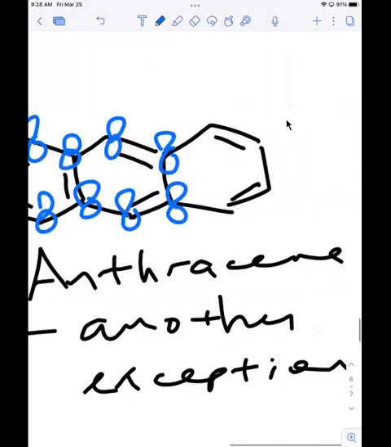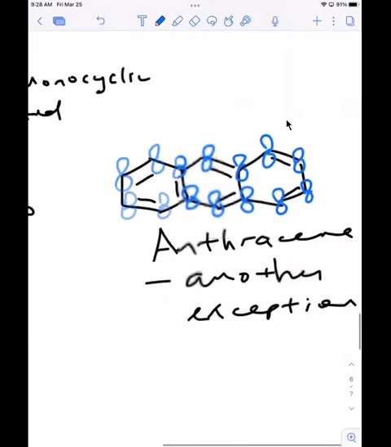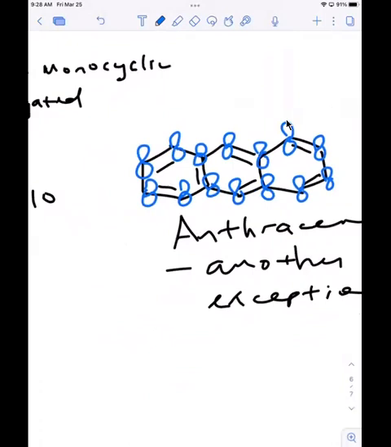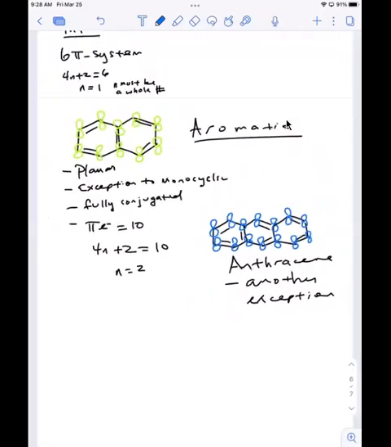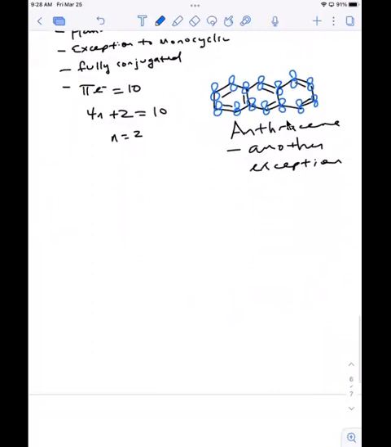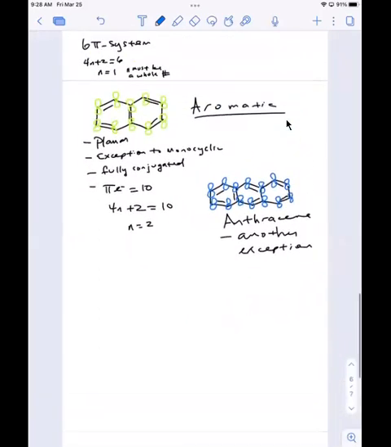So that's a very extended level of conjugation, with all those p orbitals overlapping like that. Because of that, that's what holds the shape. So even though it's polycyclic, it's so rigid that you can consider it to be monocyclic. All right, that's a good observation. I hope that answered your question too. Yeah, thank you. Okay.